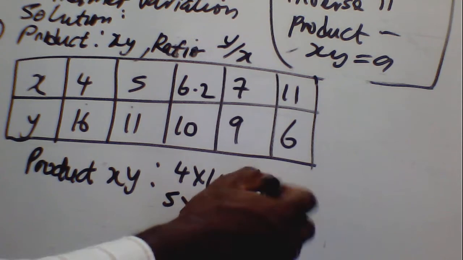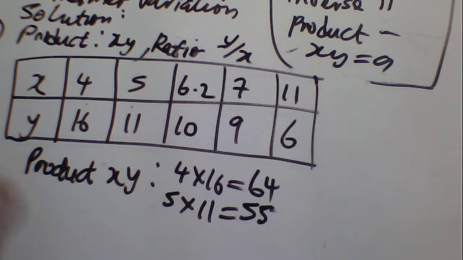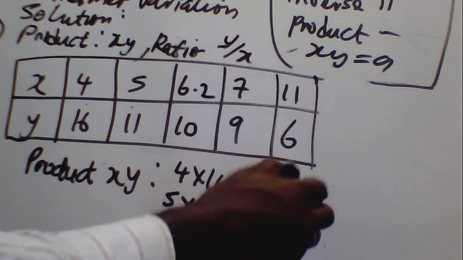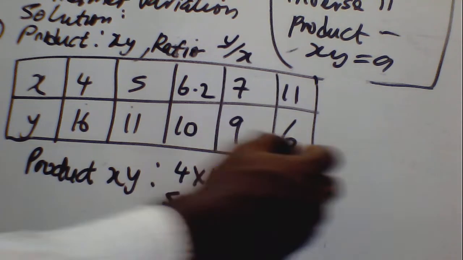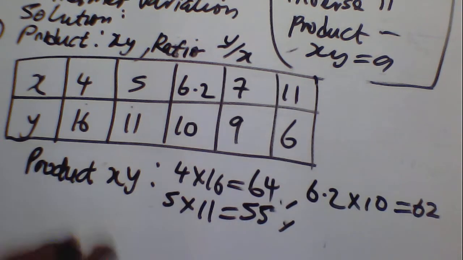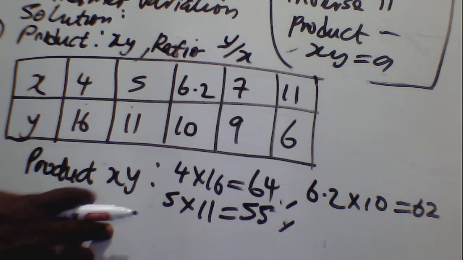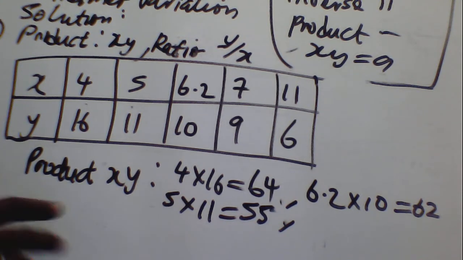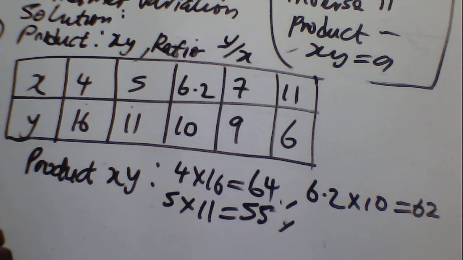So from here you see that the data is varying, they are not the same. You can try the third one. 6.2 times 10 gives 62. So the product doesn't hold since it's not constant. So the set of data is not an inverse variation.